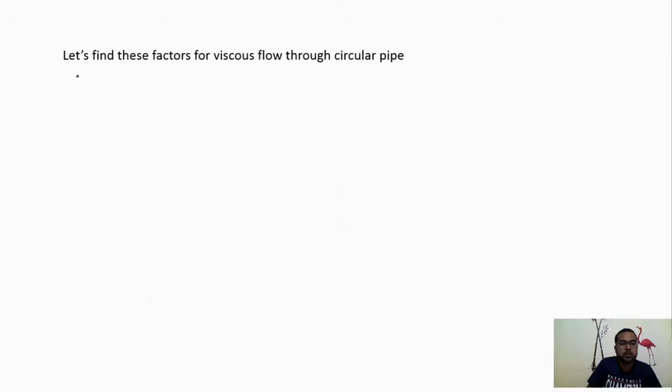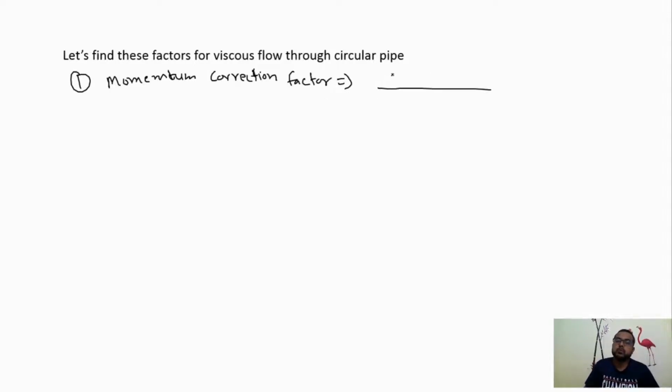So first of all, let's calculate the momentum correction factor. First we need the momentum per second based on actual velocity, and the same thing based on average velocity. So let's find this term.